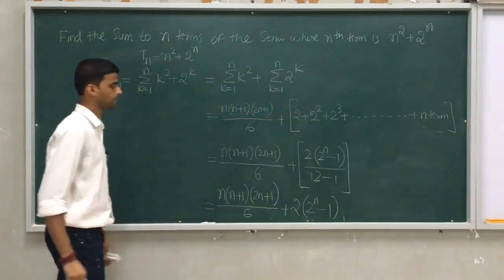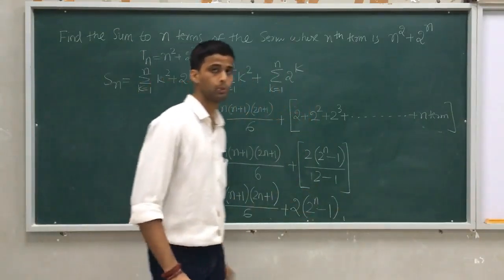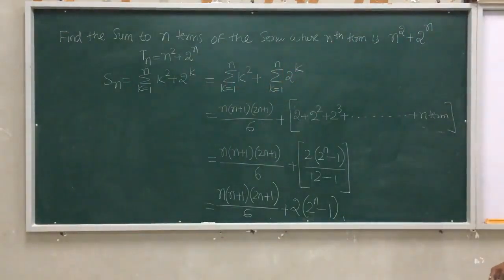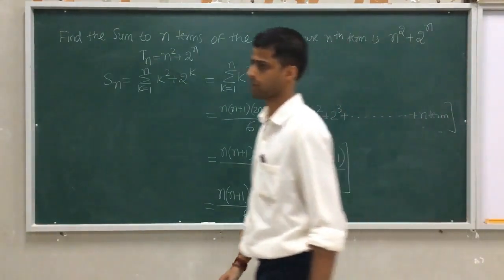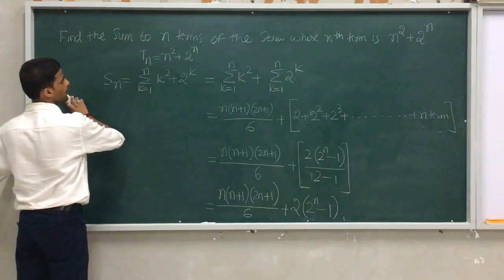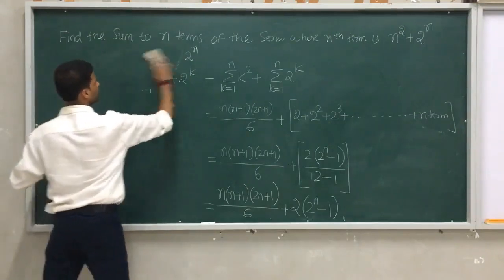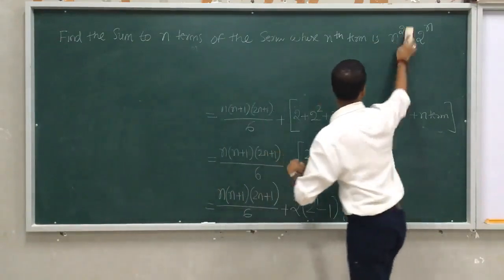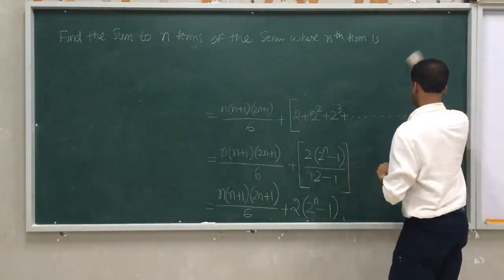So this is called the sum to n terms of this particular series whose nth term is n square plus 2 power n. Okay. So there are n number of problems given. We just take care of this question. Let me discuss one more very interesting question, and let me wind up your portion of sequence and series.